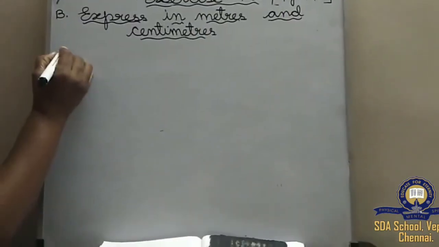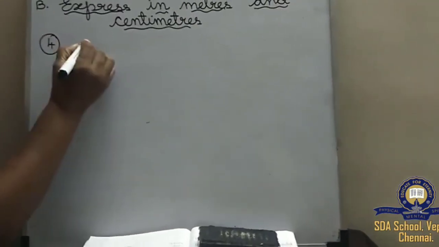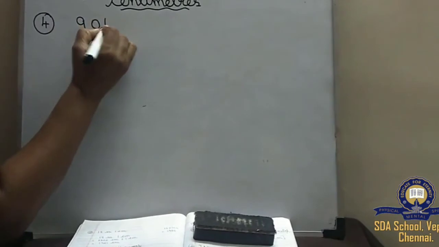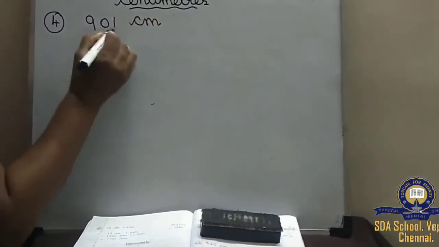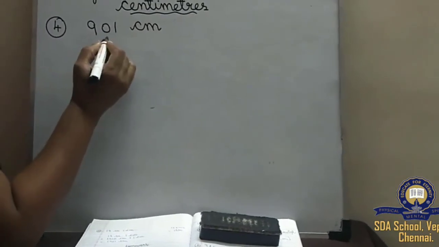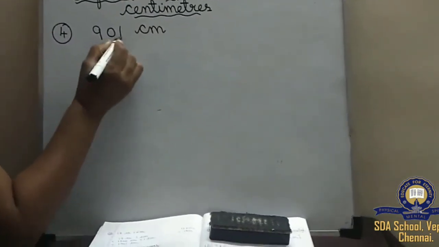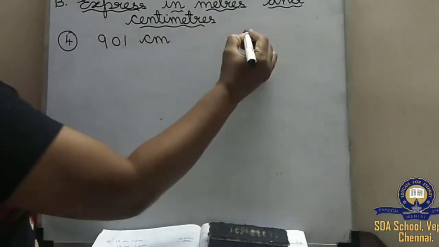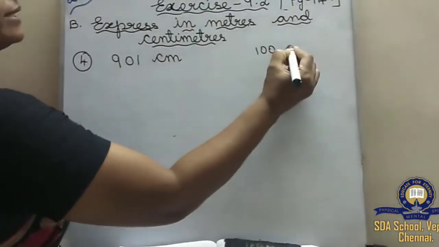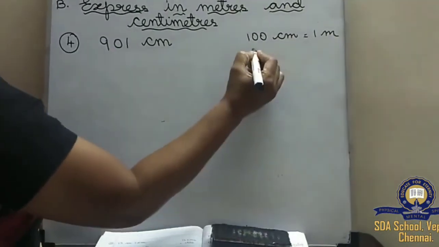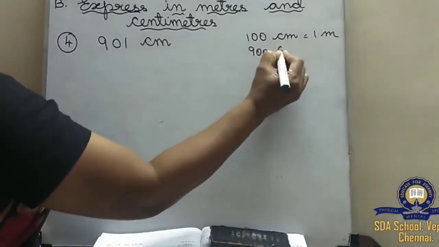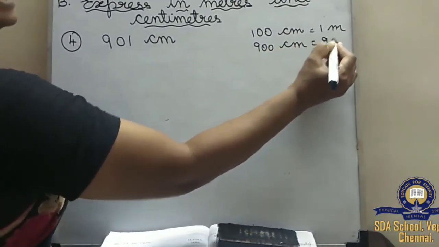Okay, children, the fourth sum, 901 centimeter. Here again, 900, 100 is there, isn't it, children? Always the last two will come for centimeter only. So 100 centimeter is equal to 1 meter, so 900 centimeter is equal to 9 meter.